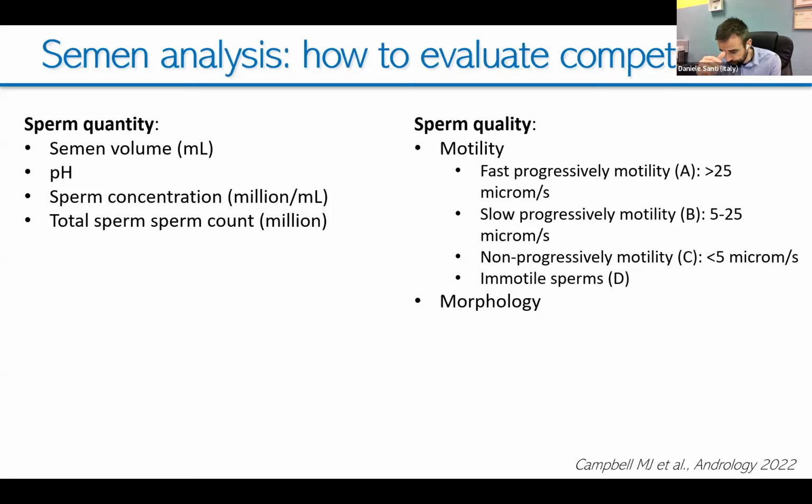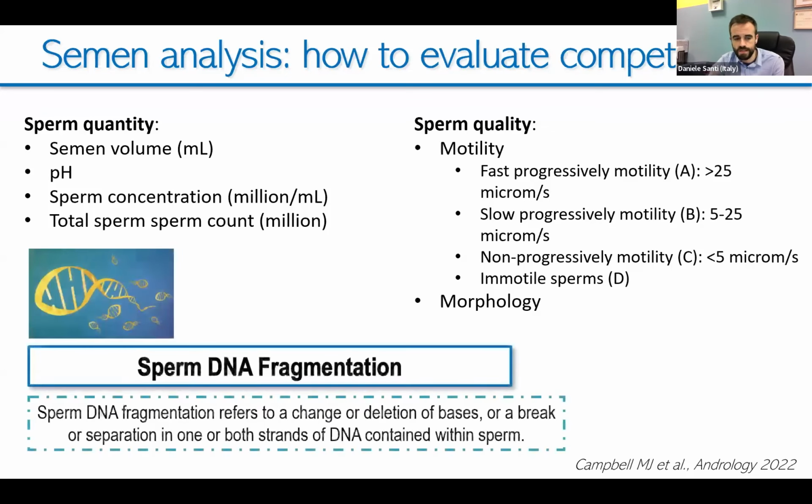This information is not provided by the parameters of conventional semen analysis. The manual also gives us other endpoints. One is the sperm DNA fragmentation index, which will be evaluated later by Liliana, and which for sure provides more information about the real quality and competence of the sperm.